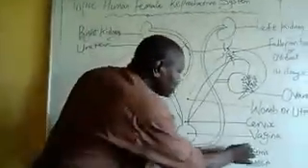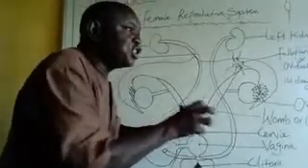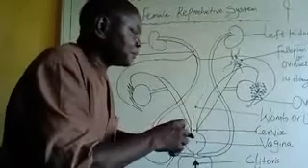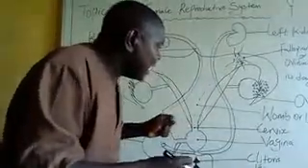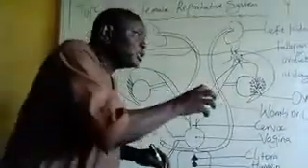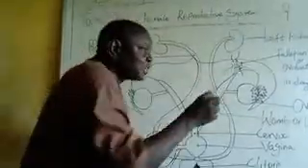Blood will flow into this clitoris because it has spongy tissues, and it becomes stiff. It has arteries and veins.